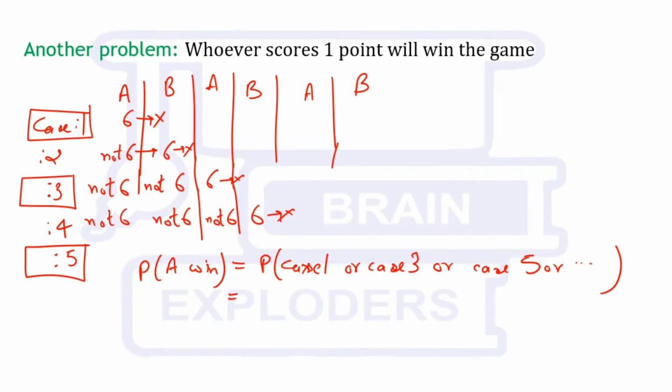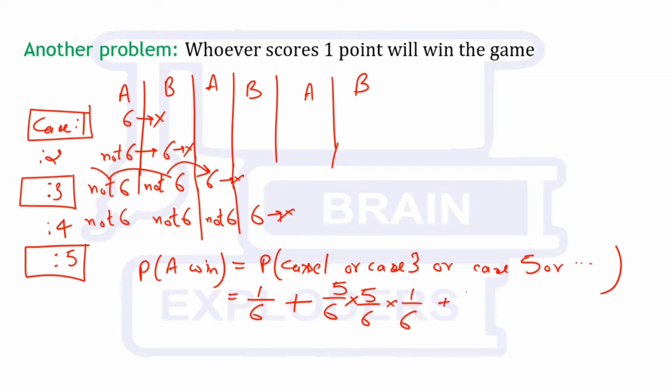Now look, what is the probability of case 1? 1 by 6. Why? Because there is a probability 1 by 6 that A gets a 6 immediately. Now what is the probability of case 3? At first A does not get a 6, so the probability of not getting a 6 is 5 by 6, multiplied by, in the second move, again B is not getting a 6, means again we will multiply it by 5 by 6, and in the third move A is getting a 6, means multiplied by 1 by 6.